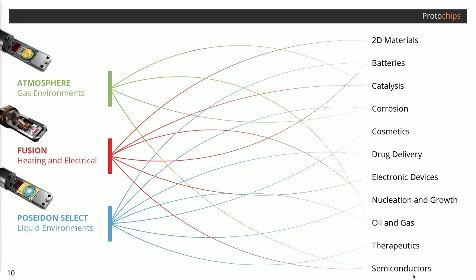So this map just shows some of the major research areas we've seen folks utilize our tools. So from electrically cycling the liquid electrolyte in lithium-ion batteries to observing structural changes of nanoparticle catalysts in hot gaseous environments, there really just isn't much you can't do in the microscope these days regarding in situ sample control. But today I'll be talking mostly about Fusion.